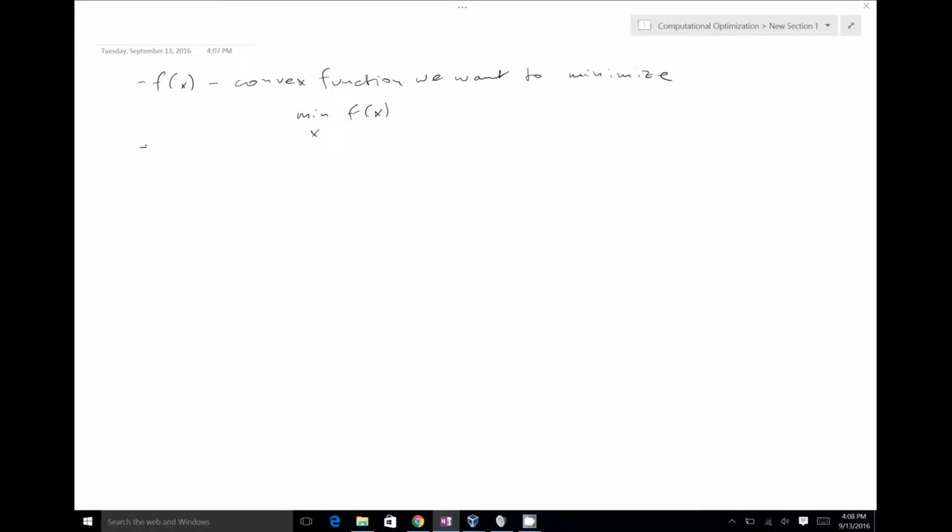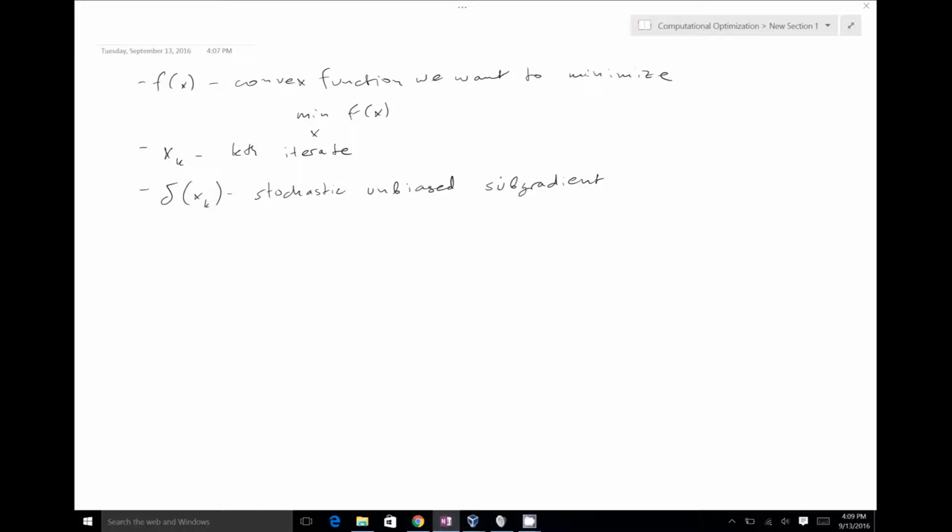Some other definitions: x_k is going to be the kth iterate. Delta x_k is going to be a stochastic, unbiased subgradient. Okay, so let's go over these three words.